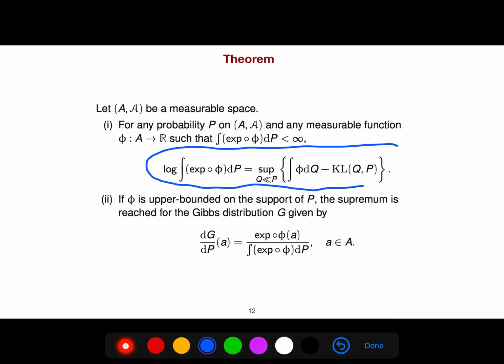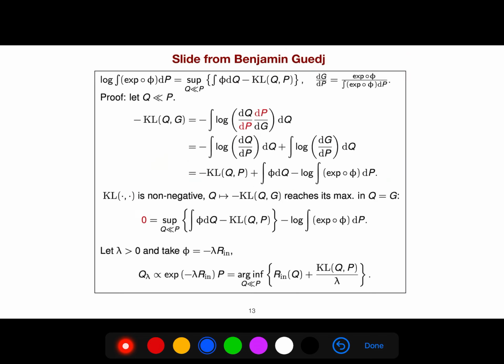So the proof of this beautiful theorem is like this. First, we write dq over dg by this dp. So we multiply and divide. So what happens is that this is the log of dq over dp, and the multiplication in log becomes summation.